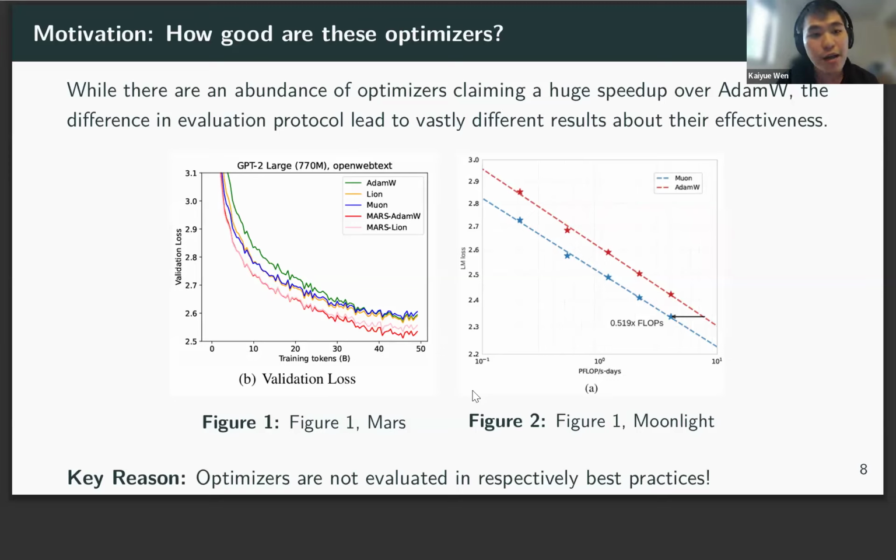And the reason behind this seeming contradiction is that in almost all cases, optimizers are not evaluated with best practices. For instance, in the left figure for Mars, the Muon optimizer is used for all the weight matrices in the transformer, whereas the best performance of Muon can only be shown if you use AdamW for, for example, the layer norm weights and embedding.